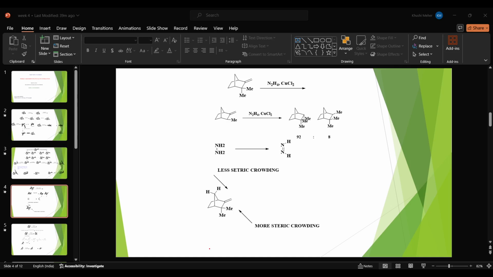In this particular case, the bottom face is less hindered. Suppose this dimethyl group is there, and I will draw some other kind of alkene. Then which attack will be more favorable, the top face or the bottom face? The top face is much more favorable.